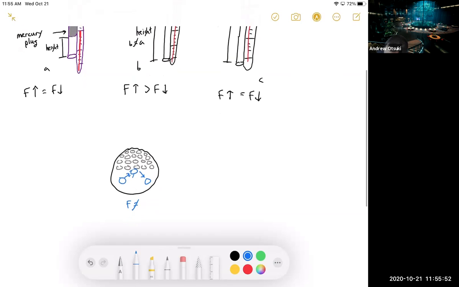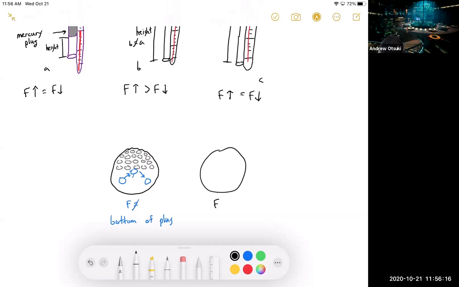So this is the bottom of the plug, and then at the top here, we have F. So the forces are not equal from the bottom of the plug and the top of the plug. That's why the plug is moving upwards.